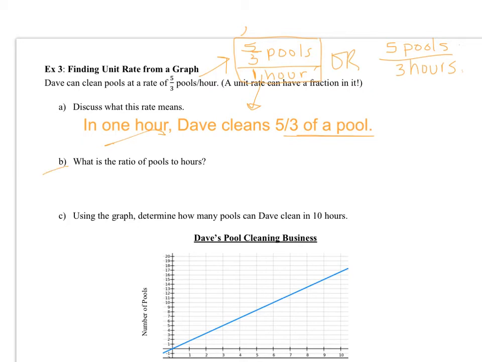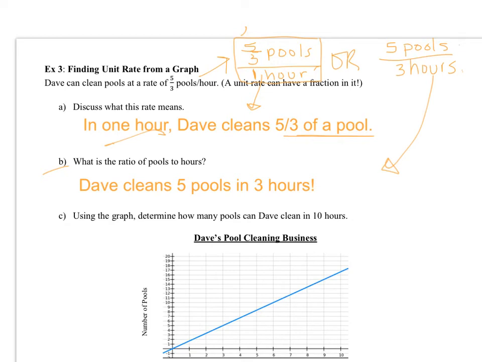All right, question B says, what is the ratio of pools to hours? Well, that's that second ratio that I wrote down, saying that Dave cleans 5 pools in 3 hours. So Dave is super fast.